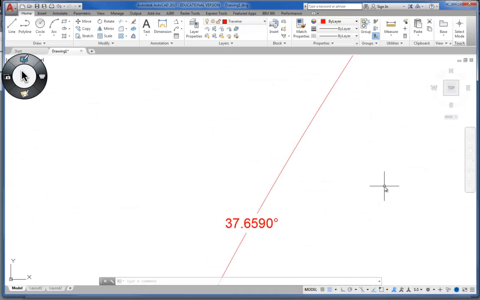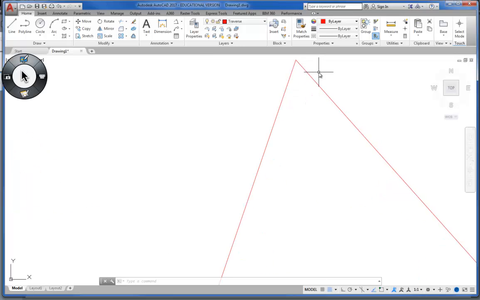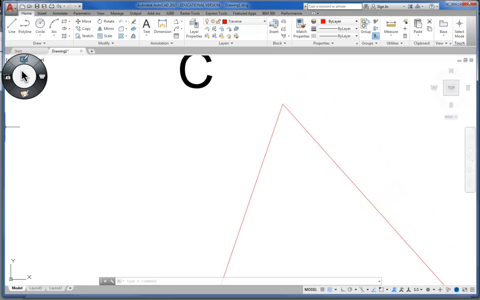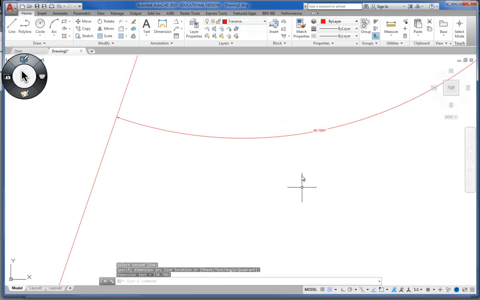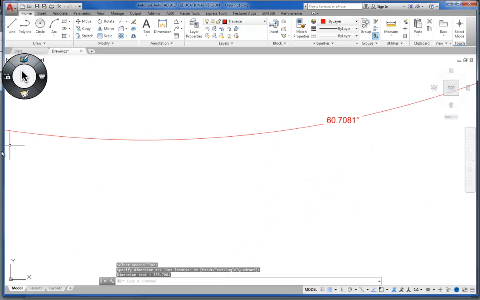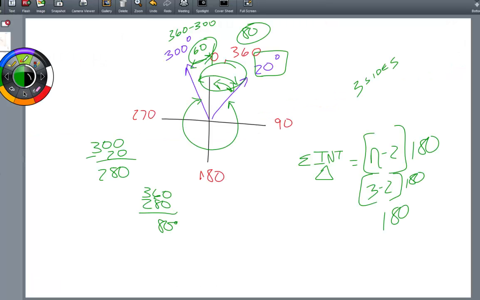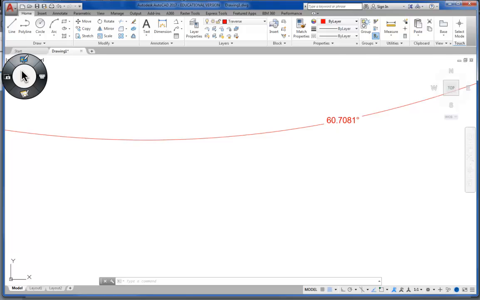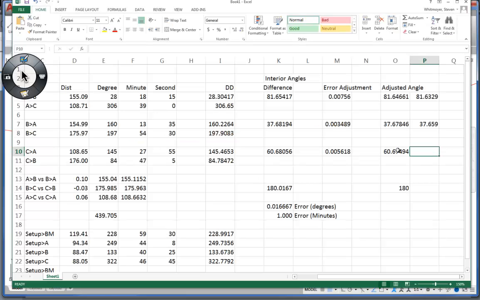Yep. And finally, C. Angle from here to here. That is 60.7081, 708. And if I add those up, I get 180 also.